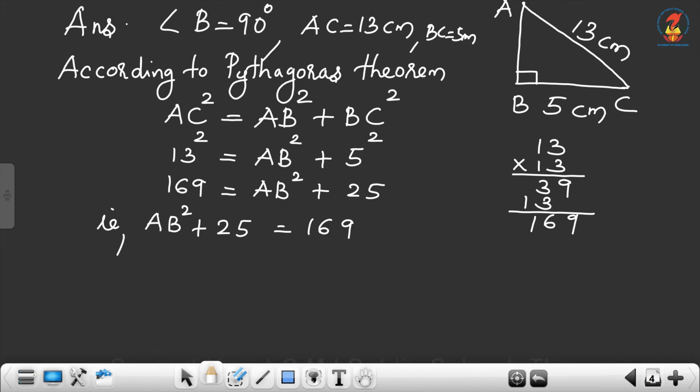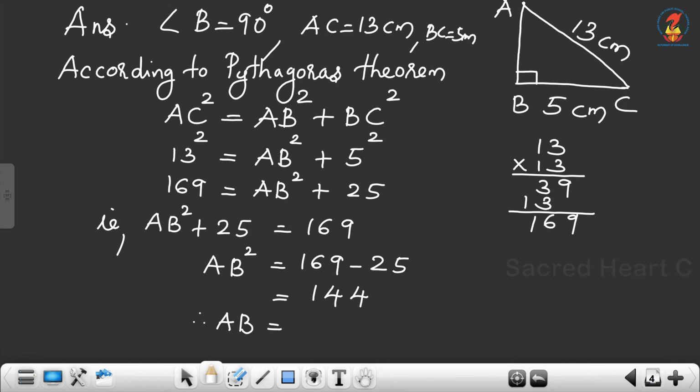Then we can move 25 to the other side, so AB square is equal to 169 minus 25, which is equal to 144. So AB square is equal to 144. 144 is a square number, so we have to find the value of AB, which means the square root of 144.